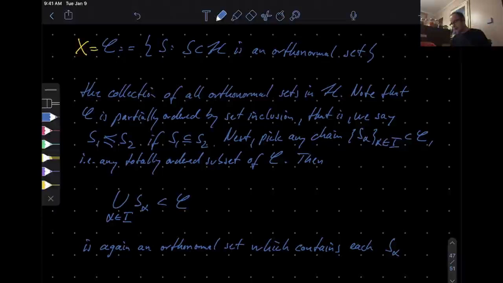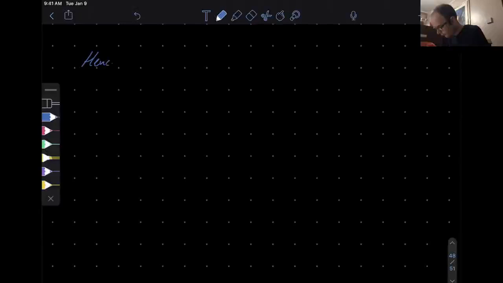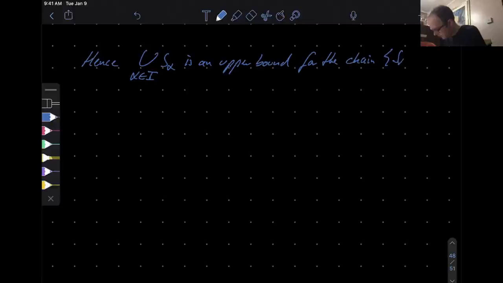The first criterion is that it has to be in S, the set on which you define the relation, and the second property was that Y is related to X for all Y in T. That is clear because each set S alpha is of course contained in the union of all the S alphas, as alpha varies over I. Hence this union is an upper bound for the chain S alpha, alpha in I. And now we are in business with Zorn's lemma.